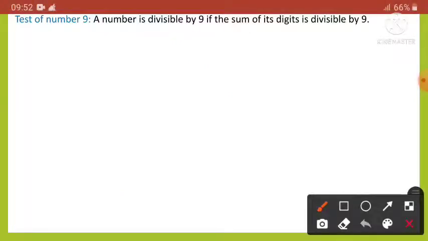So that means we have two rules to test the divisibility of number 8. One, if we have a 2-digit number, then we have to check whether this number is divisible by 2 and 4 both. If so, then this number is divisible by 8.